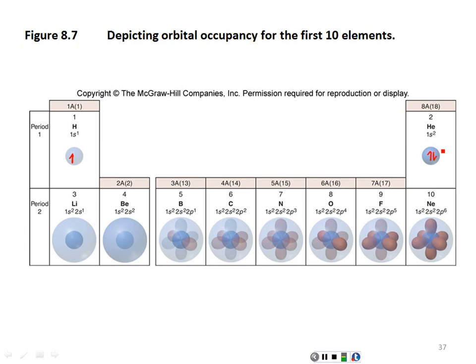The blue becomes a little bit darker for helium because it has 2 electrons in that orbital, so that orbital is filled. Next, for lithium, we see the inner 1s electrons are filled. The 1s orbital is filled, and you have one more electron in the 2s. And you can just kind of work through this table if you'd like to see the actual orbital shapes.